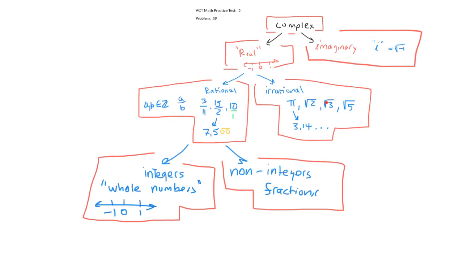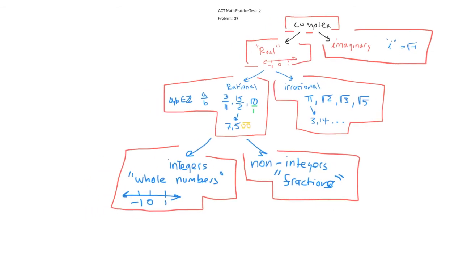We got real, which could be split into two. We got rational, which could be split into two. Okay. Non-integers are fractions. I'll write that in quotes as well. Okay, fractions. So then we have integers. Well, it's like, what could you break that up into?